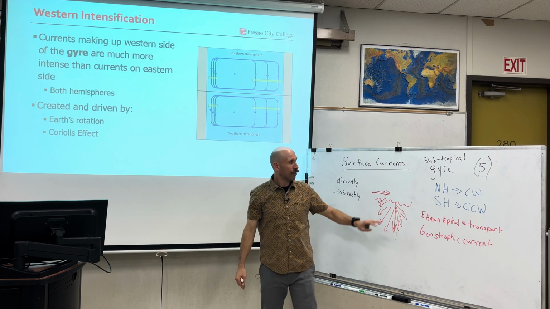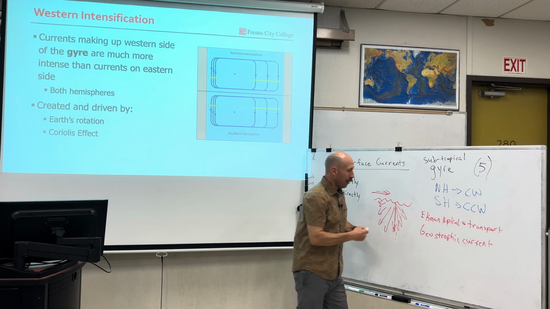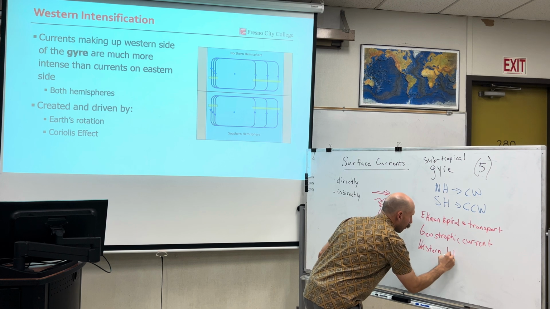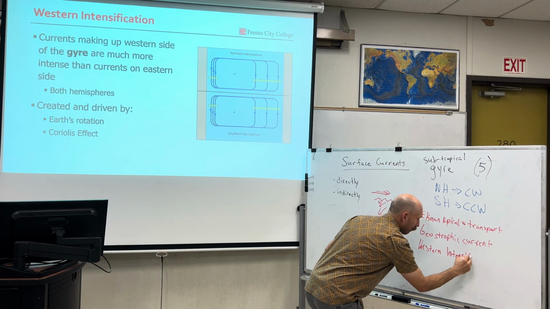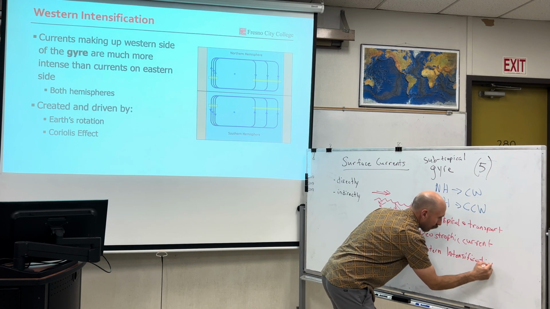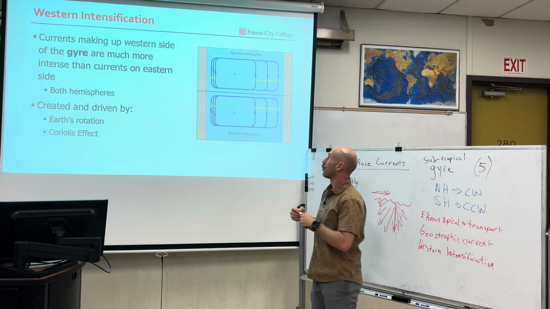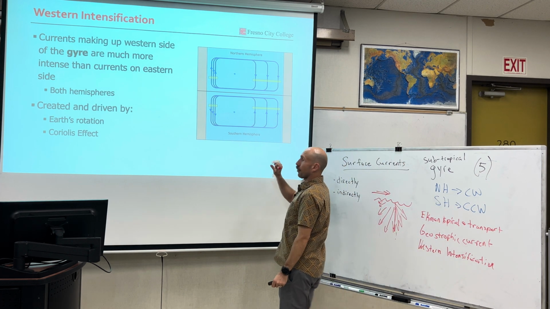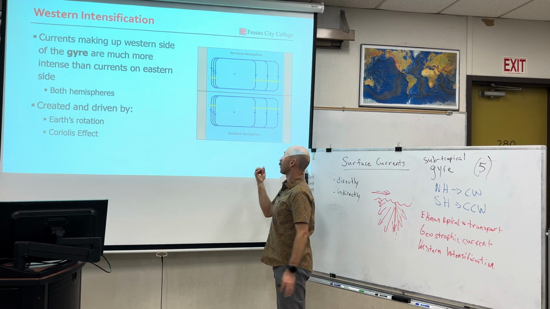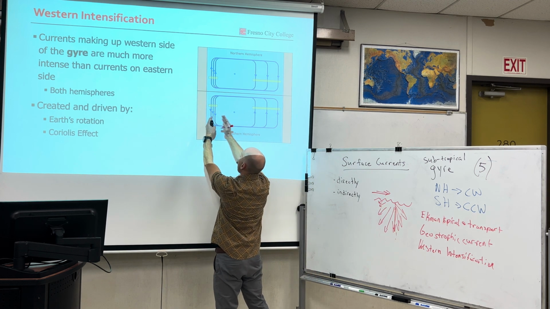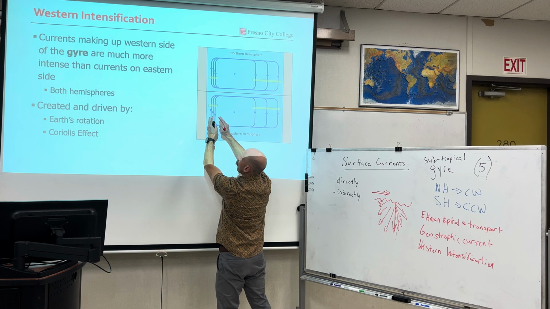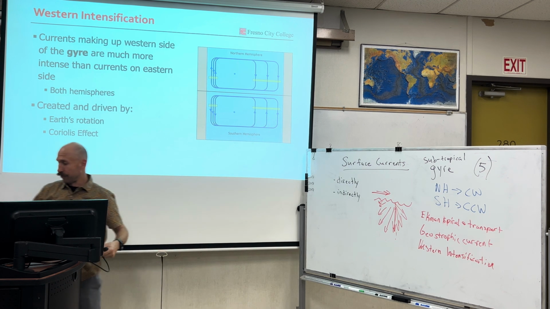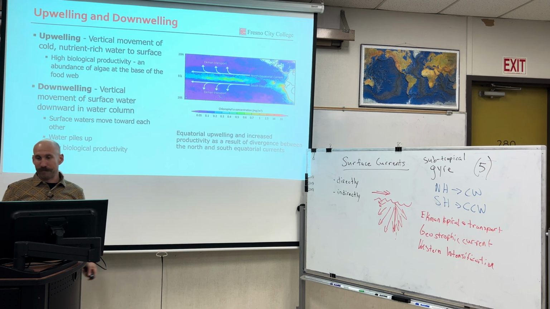Now, most things are hemisphere specific, but this western intensification occurs in both the northern and the southern hemisphere because the Earth is only rotating in one direction, therefore water is piling up and you get more water on one side than the other. Our Earth is cool. Our water moves. It's affected by the moon. That's great.